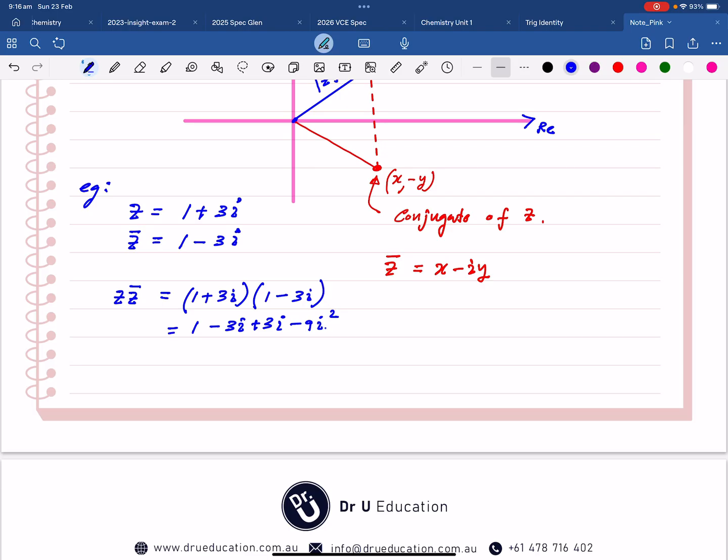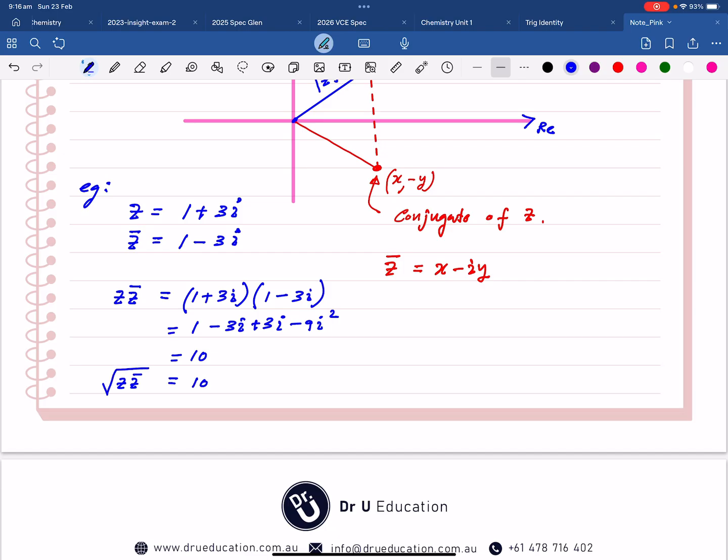What is i squared? Minus 1. So that minus 1 with minus 9 gives plus 9. So what is the answer? 10. These two go. So 10.